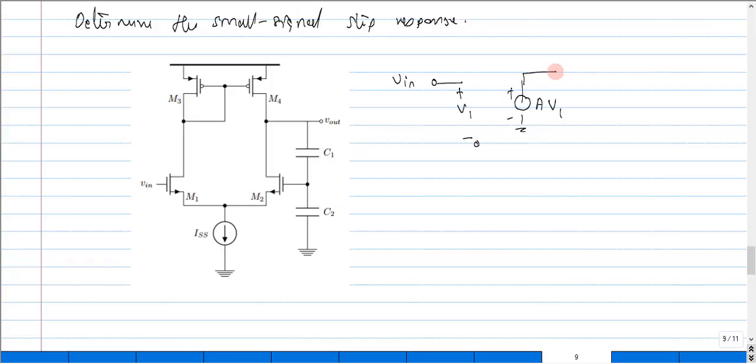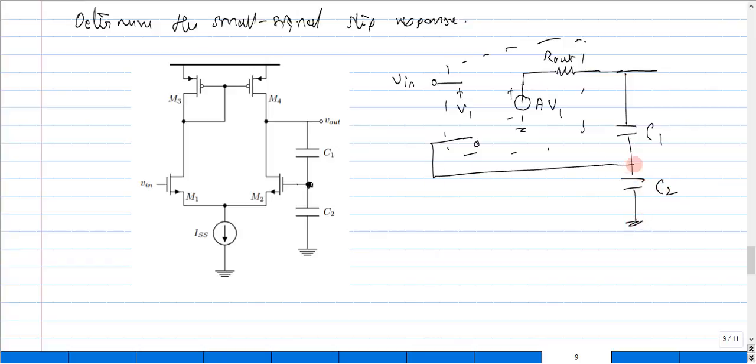Again, this circuit will have some output impedance, which I label as Rout here. This entire thing could be treated as an op-amp circuit. Now clearly, I have to take out this particular signal and feed it to the other end of our input. So this is my Vout node, and across the Vout node, what I have is two capacitors in series.